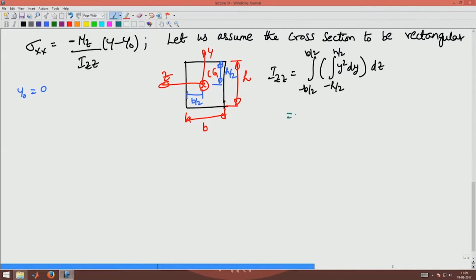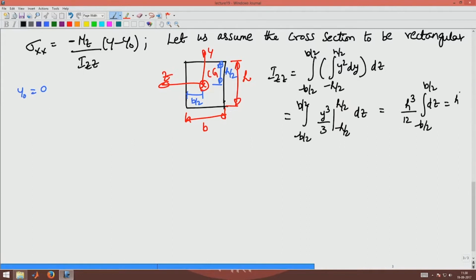So this will be the integral from minus b by 2 to b by 2 of y cube by 3 from minus h by 2 to h by 2 into dz, which will be h cube by 12 into the integral of dz from minus b by 2 to b by 2, which will be nothing but h cube into b by 12.